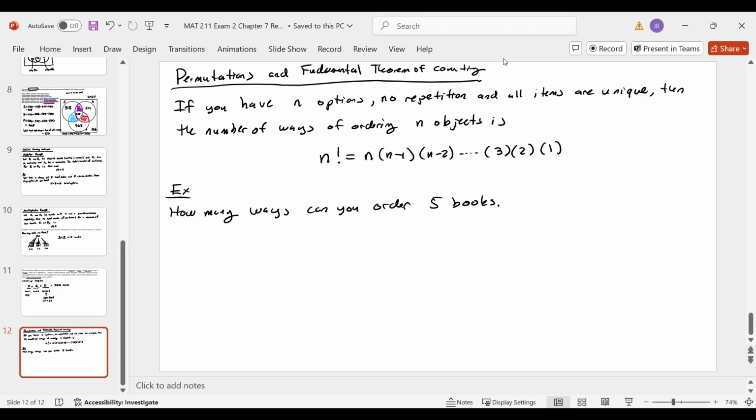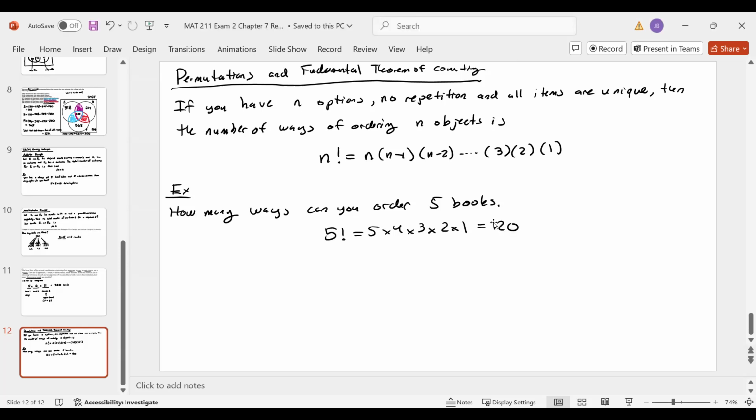Well, if you are ordering all of them, then it would just be 5 factorial, which is 5 times 4 times 3 times 2 times 1, right? And that would be equal to, I believe it's 120, but I will double check. 120, yeah.